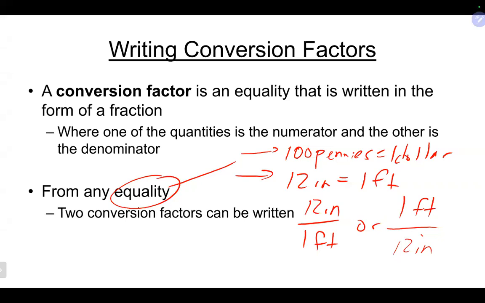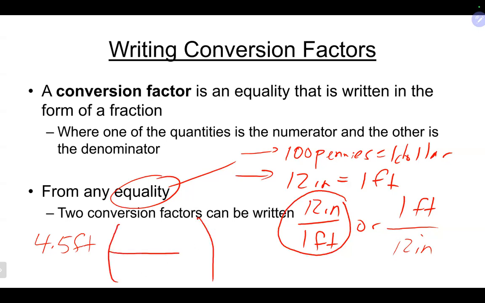So for example, if we had 4.5 feet and we want to know how many inches that would be, we would take the conversion factor on the left and set it up so we could see the units cancel. And basically when we're doing this type of process, opposites cancel. So although this is not written as a fraction, the feet are up on top.